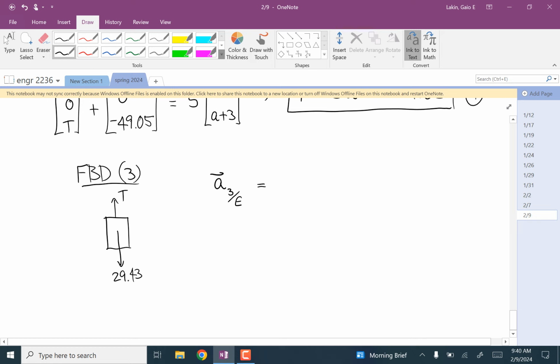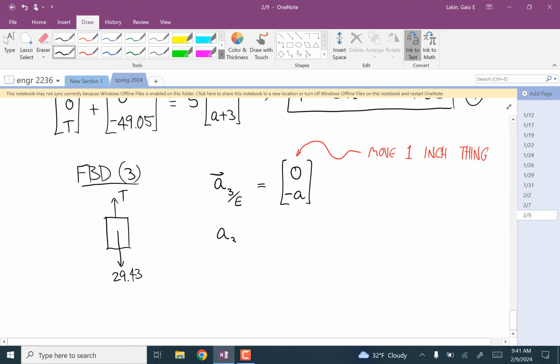So to someone inside the elevator, if the 5 accelerates up, if it moves up an inch, the 3 moves down an inch to somebody in the elevator. So this is going to be 0, negative a. That comes from the move 1 inch thing. Okay?